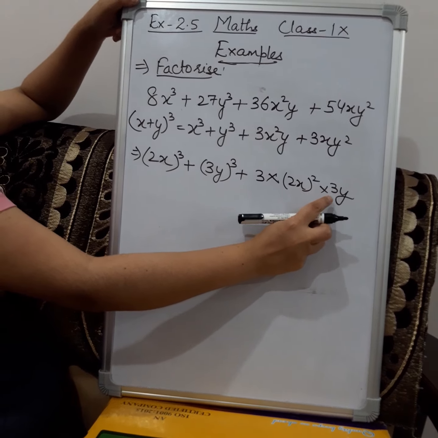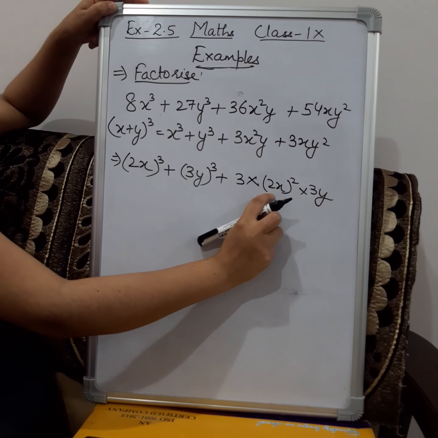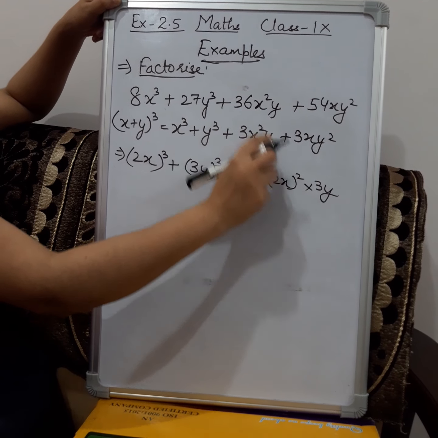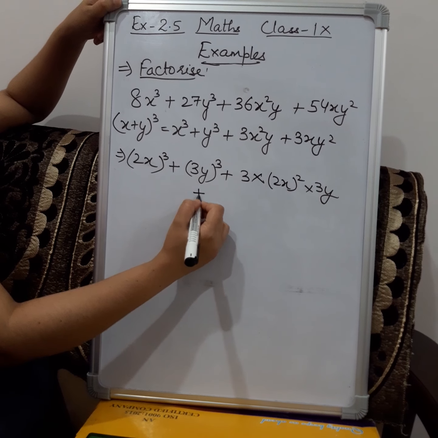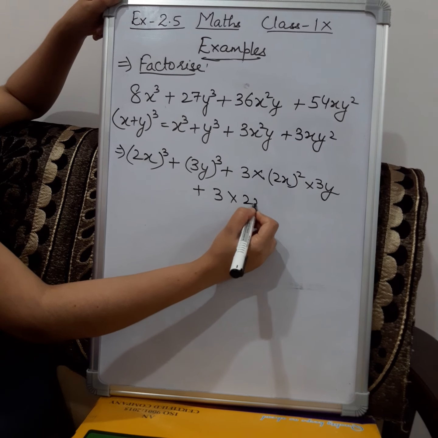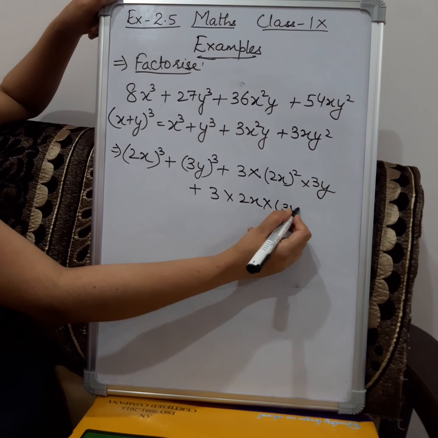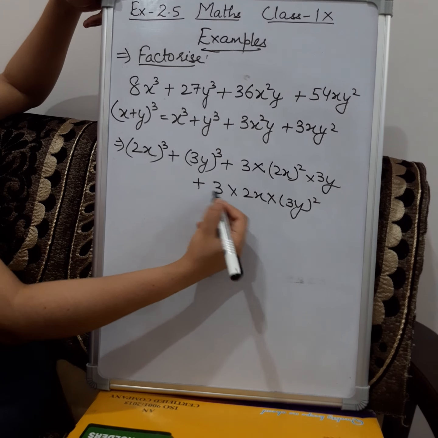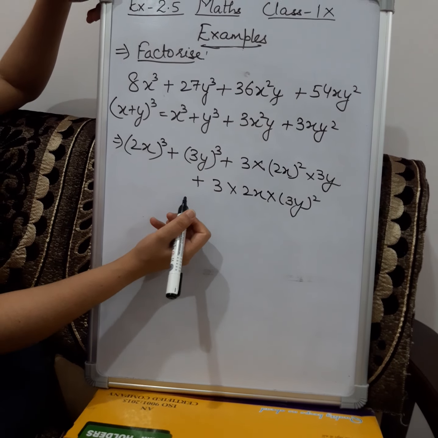So I can check. It will become 3 into 4 is 12, 12 times 3 is 36, x square y. So the same thing we are getting, and the last term is 3xy square. Again we can check: 9 times 2 is 18, times 3 is 54. So the same thing we are getting.